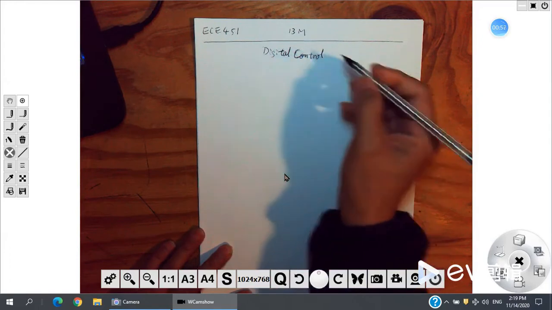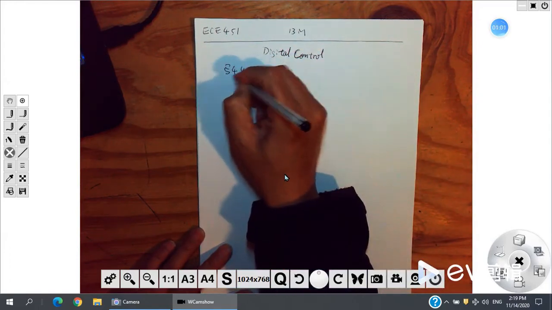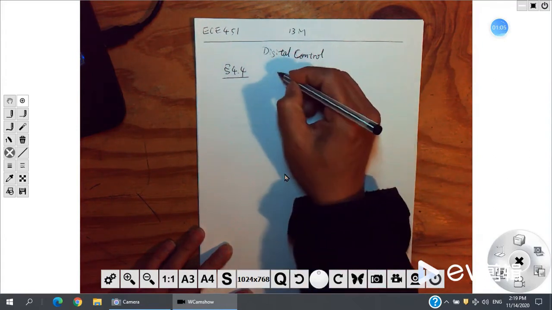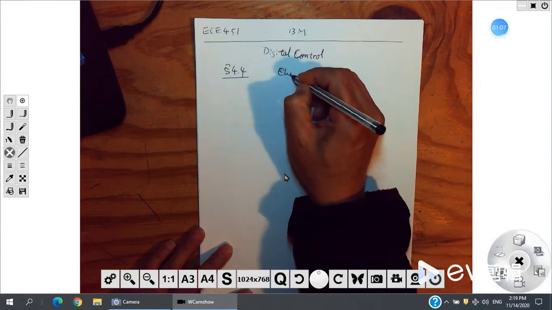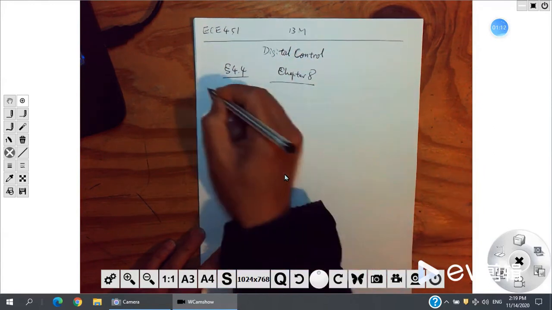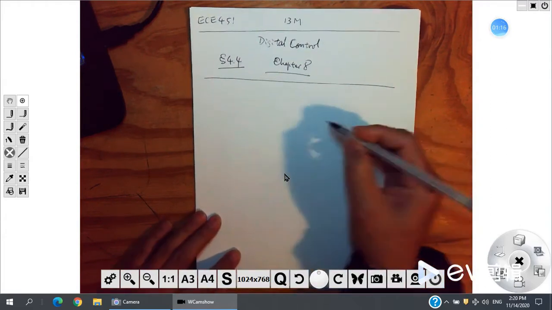We need to start from chapter 4, section 4.4. We start from here, and then we go back to chapter 8. So for digital control, most cases it works like this.